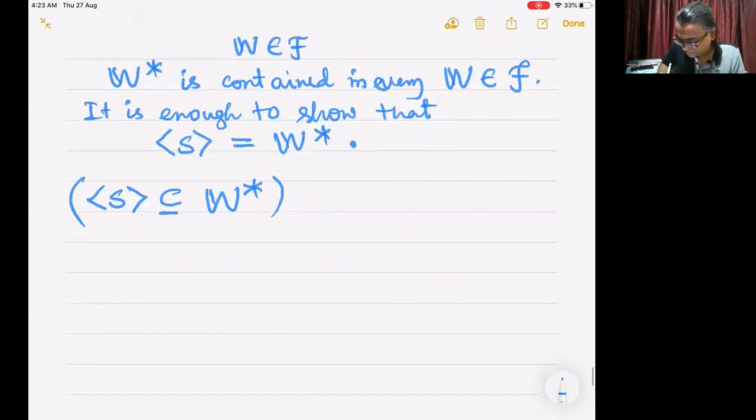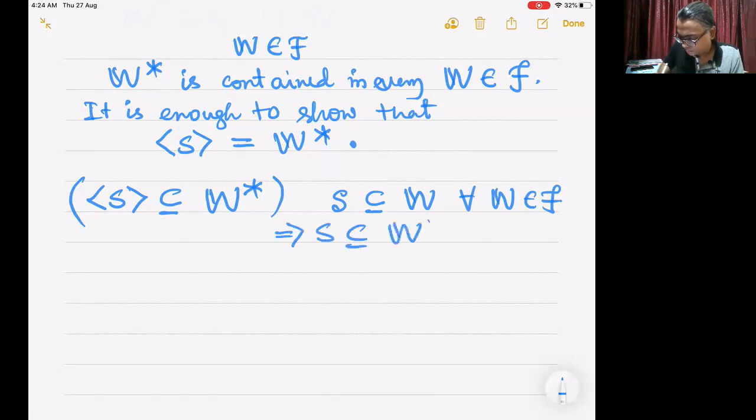First, we notice that S is contained in W for all W in F. So this, of course, implies S must be contained in W star, but W star is a subspace.